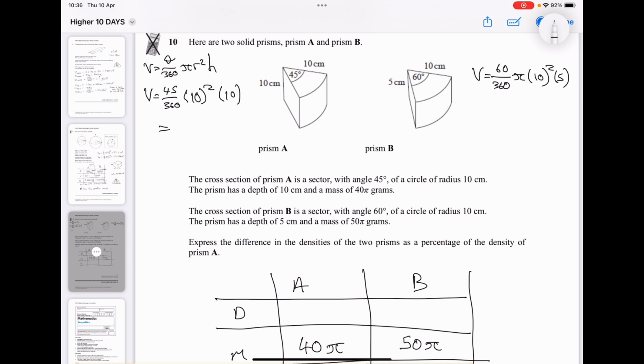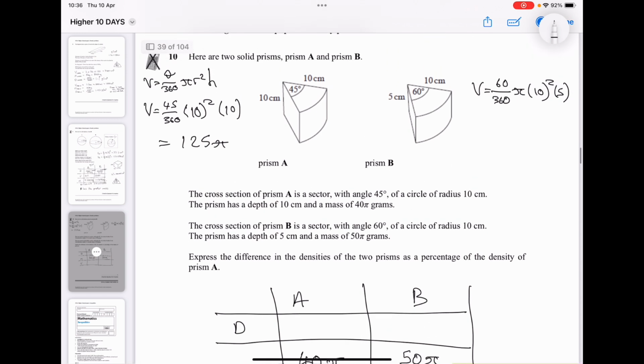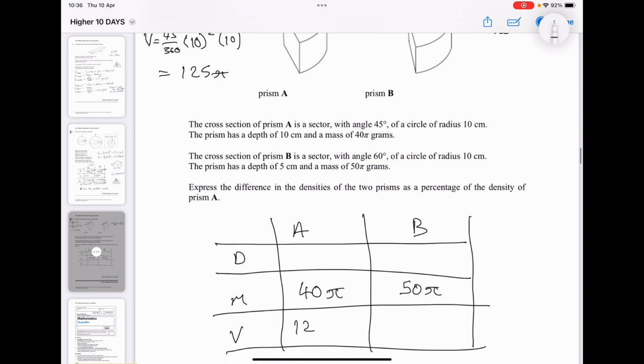So we've got 45 over 360 pi 10 squared. Okay, that gives me 125 pi. So the volume of A is 125 pi. That's useful having the pi's there, because they're going to cancel out in a moment.